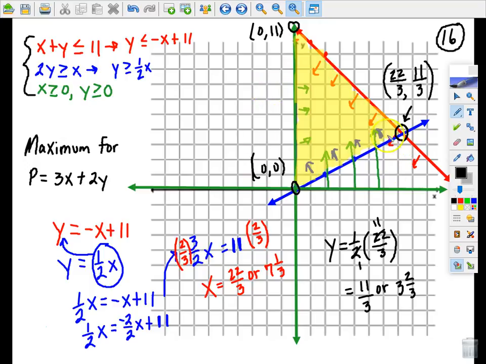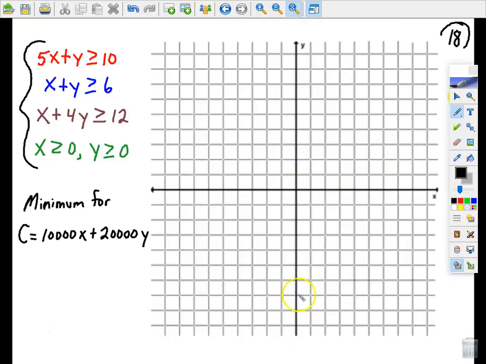So once you've tested them all, you should understand how to use these vertices to determine which one is the maximum vertex, or which one gives us the highest value for P. Okay, so hopefully that helps you with that, and let's try number 18, and this will be our last one on this video.